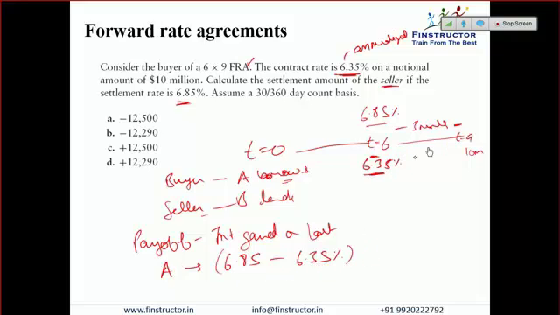So for a 3-month borrowing, the interest saving would be 90 by 360. 3 months is 90 days on a year of 360. And the amount borrowed is how much? $10 million. That is also given in the question. So do you agree that this is the amount of interest A has saved?